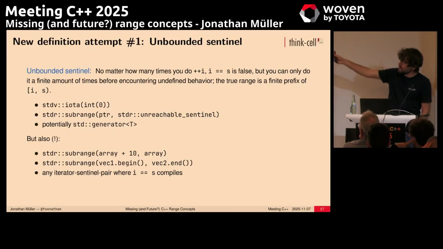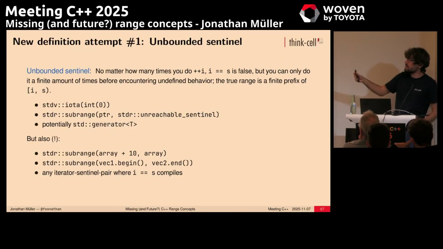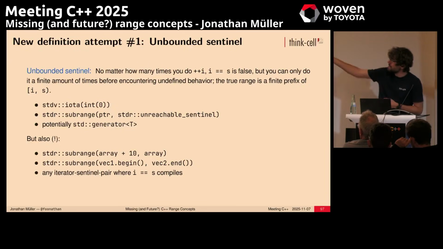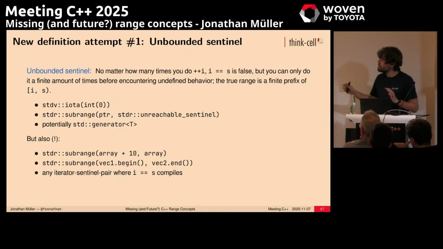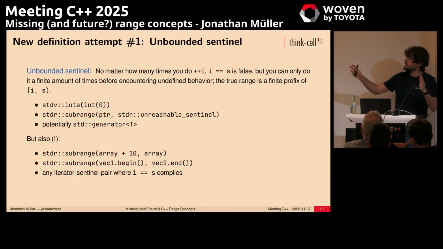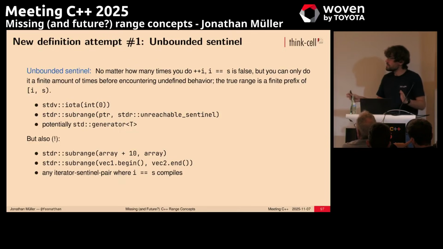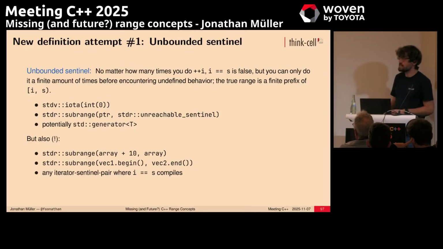Array plus 10, array: well, if you never start incrementing, you're fine. You only encounter undefined behavior if you increment. So vec1.begin, vec2.end: there is a finite prefix, all the elements of vec1, and only when you go past that do you run into a problem. And in general, we've now made any range where we can combine an iterator and a sentinel and compare them valid, because they're all unbounded. It's just that in most of them, you can't really increment zero times.